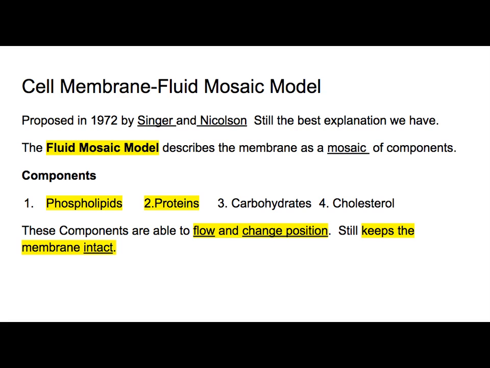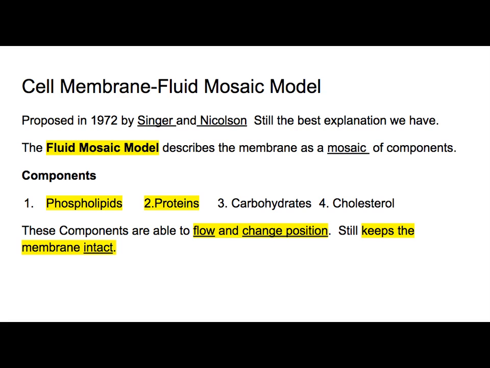But if I ask you, what are the main components of the cell membrane, you would tell me phospholipid and protein. Does that make sense? You don't have to tell me carbohydrate nor cholesterol. I will talk about all 4, and you'll need to know the jobs of them, but when I ask for the main components, the main ones are phospholipid and protein.